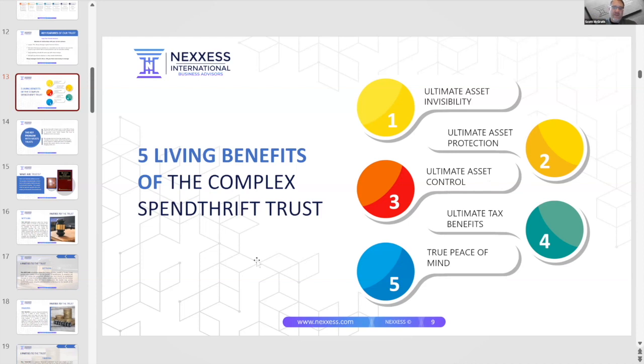Ultimate asset control, what does that mean? That means you can sell your assets, and no one can come and take them from you. Think about this: a judge has the power to issue a turnover order on your assets. In other words, you go to court, you owe a credit card or you owe someone money, the judge orders a judgment against you. What's the next step from the judgment?